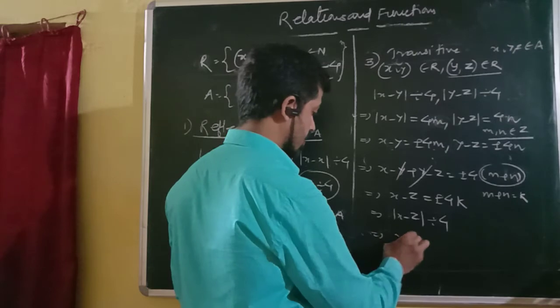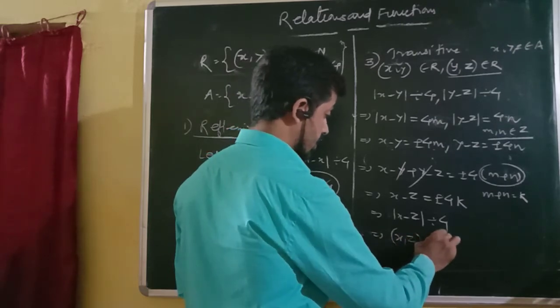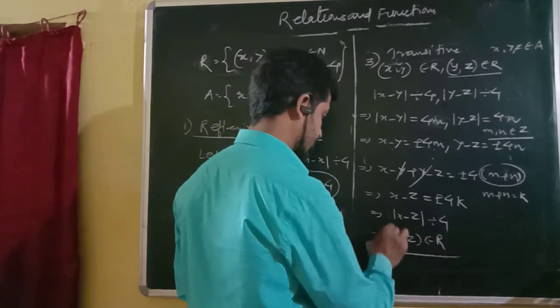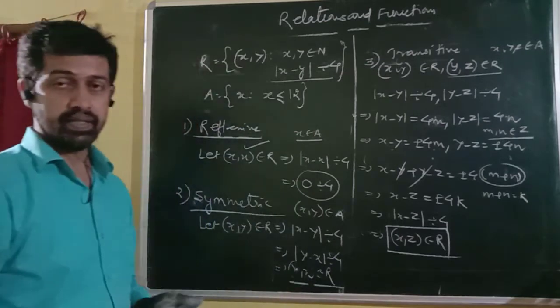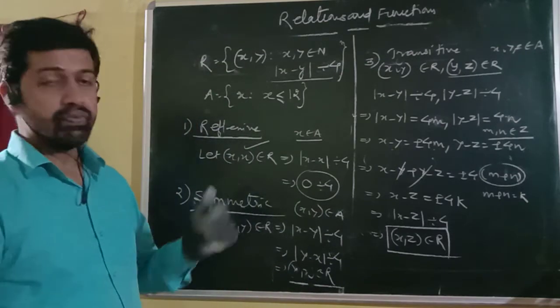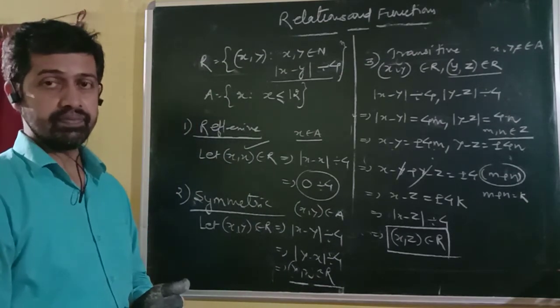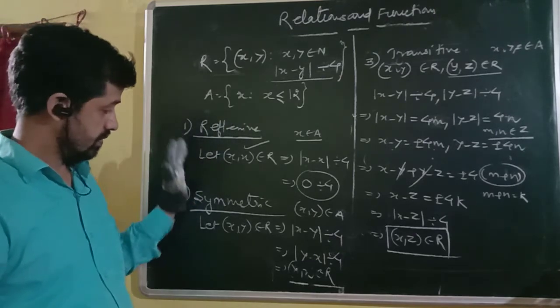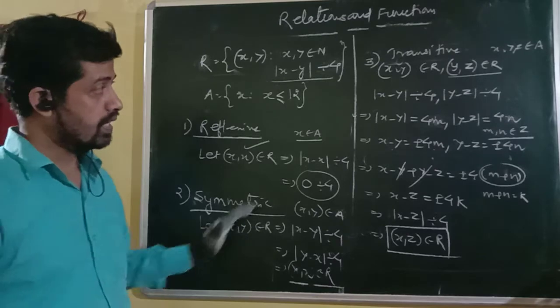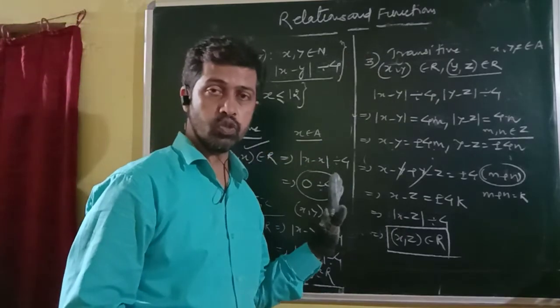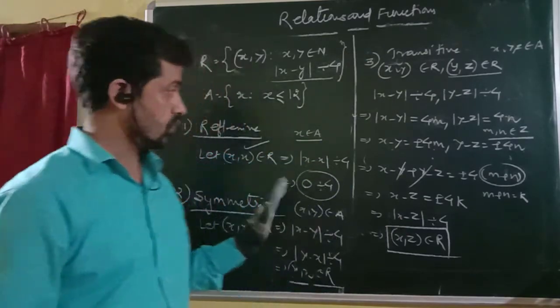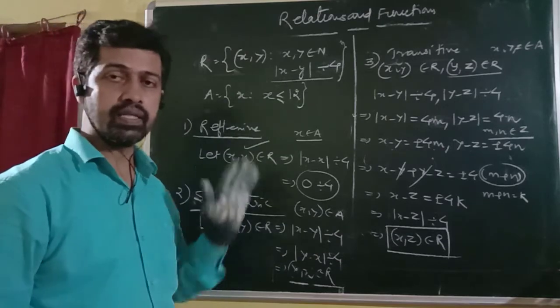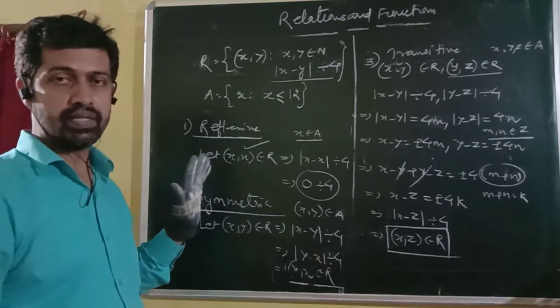It implies x comma z belongs to R. That's how we got transitivity. So the relation is reflexive, it is symmetric, and finally it is transitive. So overall we can say that the given relation is an equivalence relation.